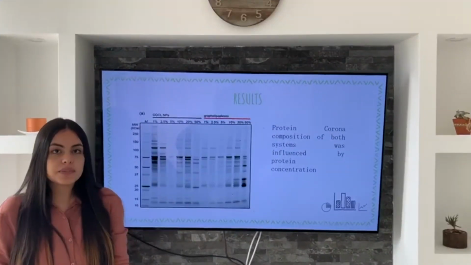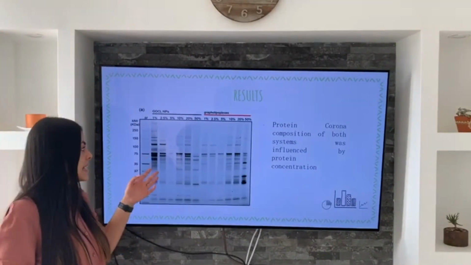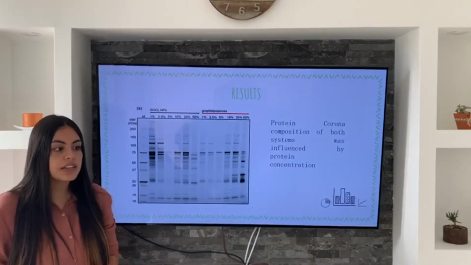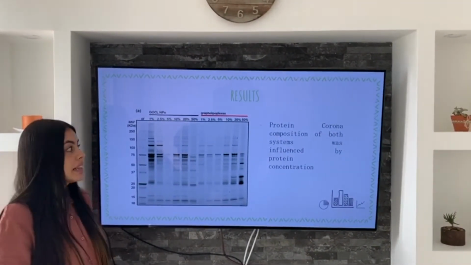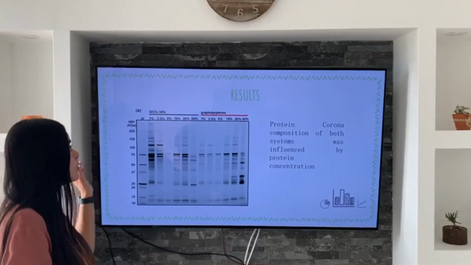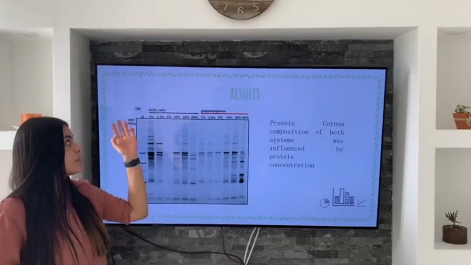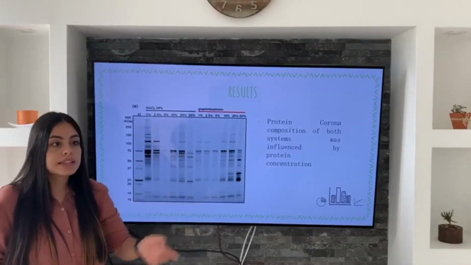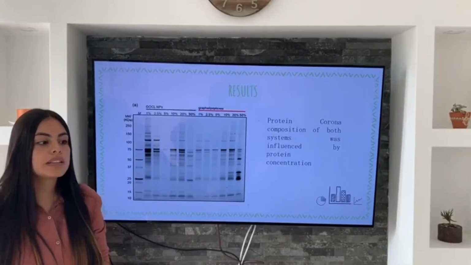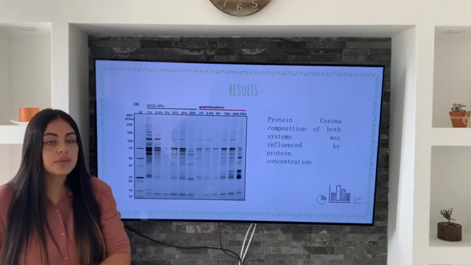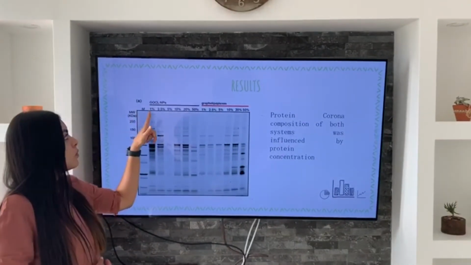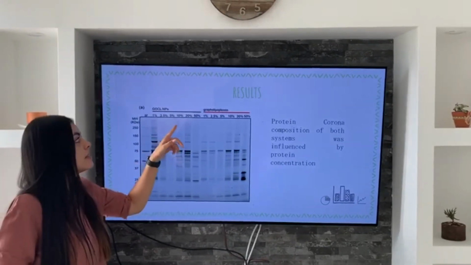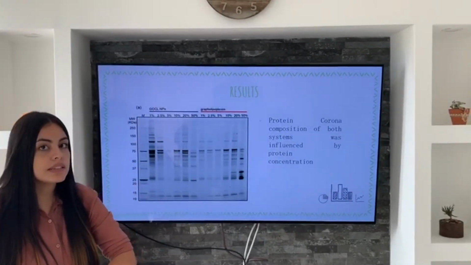So this is one of the results of the article, and this is the 1D SDS-PAGE gel electrophoresis that shows the comparison between the GOCL nanoparticles and the grapholipoplexes after exposure to different amounts of human plasma of 1%, 2.5, 5, 10, 20, and 50%.